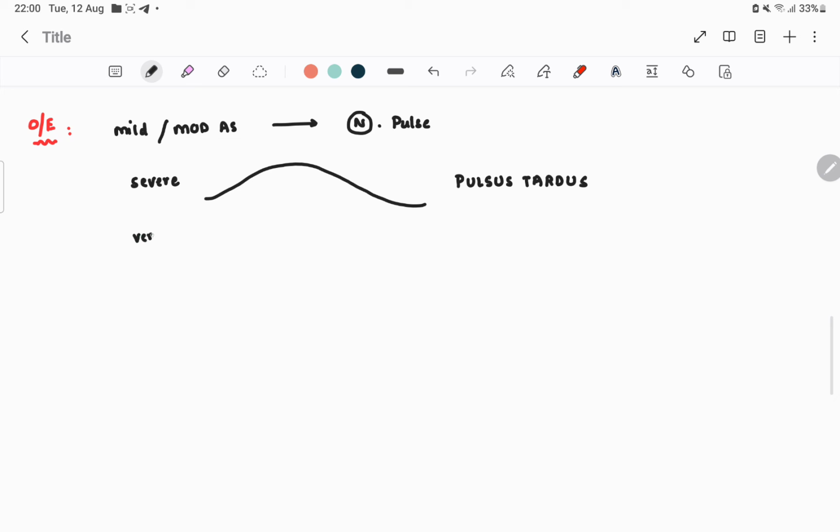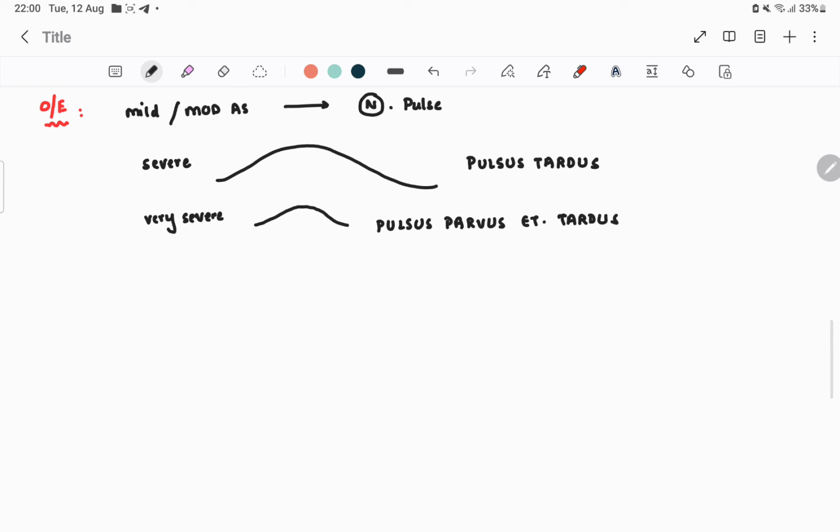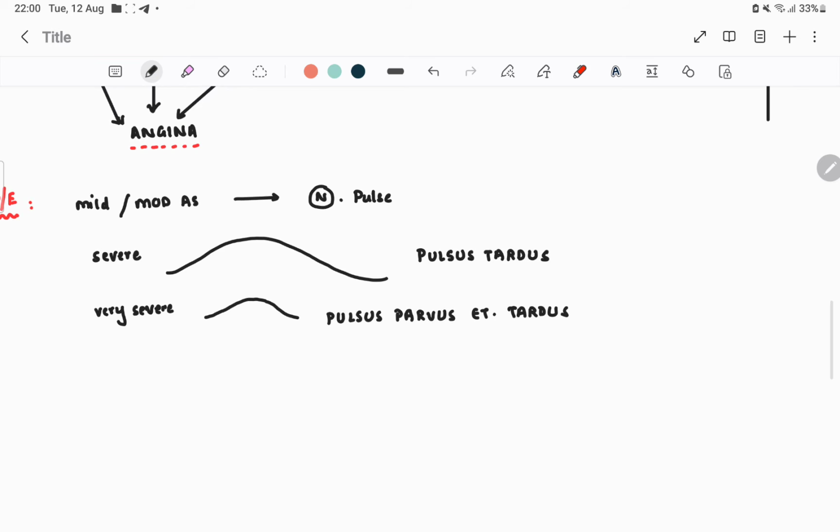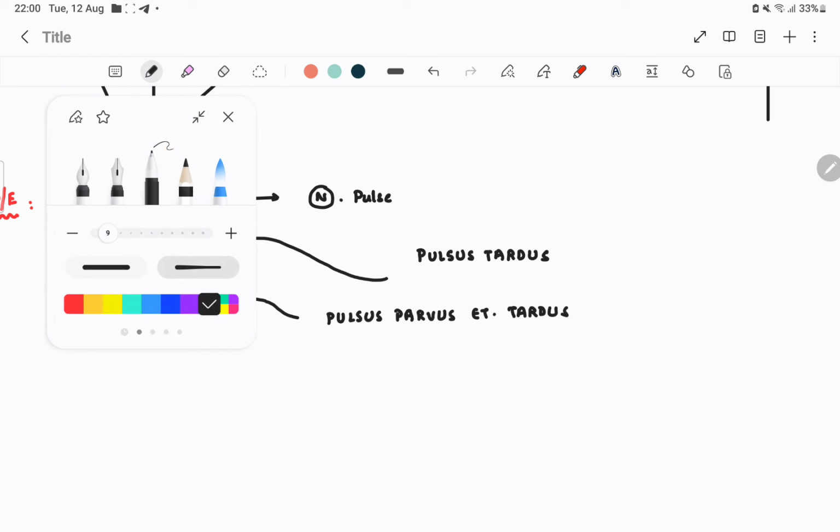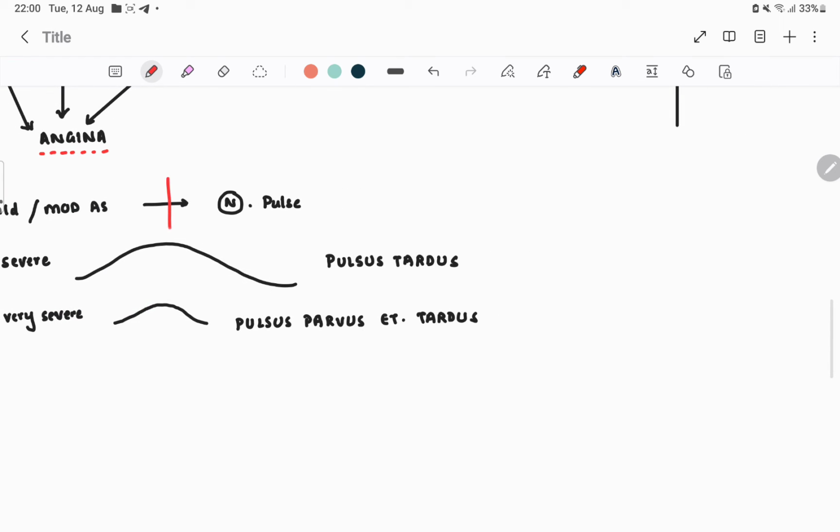In very severe AS, we have a slow rising pulse which doesn't reach its amplitude. This is called pulsus parvus et tardus. Okay. Done? Okay. And this is about the pulse.